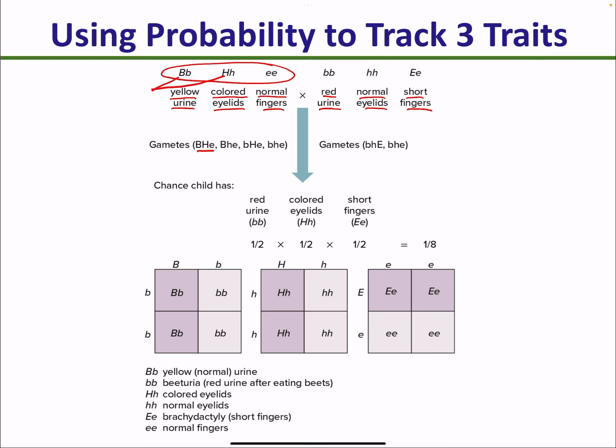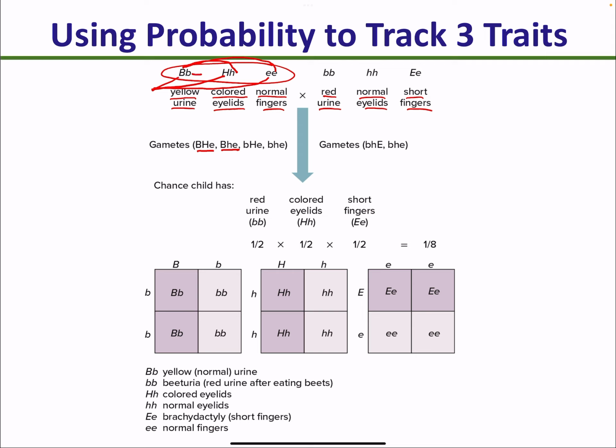Capital B, capital H, lowercase e, all right? Then the other possibility we have is going to be capital B, lowercase h, and capital B, lowercase e, right? This possibility. And then you are going to do the same thing for lowercase b.